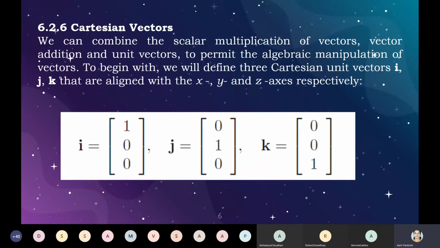So both are the same. What can we do with this Cartesian system? You can take the combination of these unit vectors and say how much to move along the x-axis for i, along the y-axis for j, and along the z-axis for k.